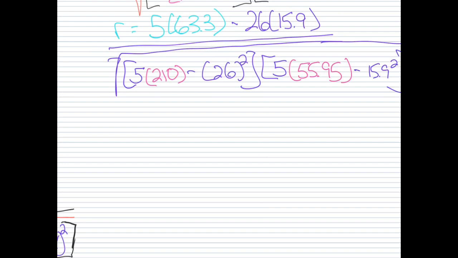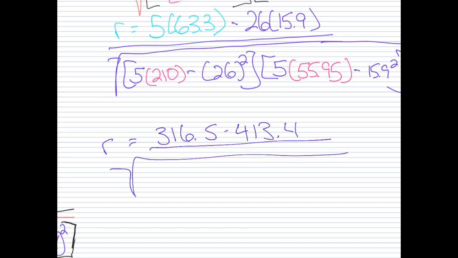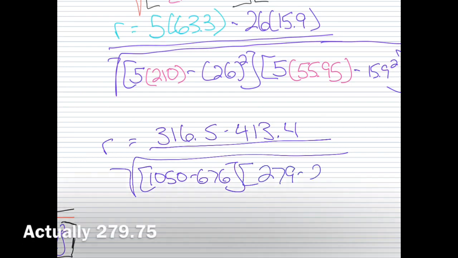Okay, so r is multiplying that out, so we've got 316.5 minus 413.4, over the big square root. We'll have 1050 minus 676 times 279 minus 252.81.